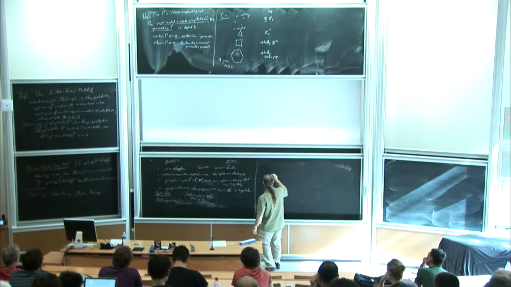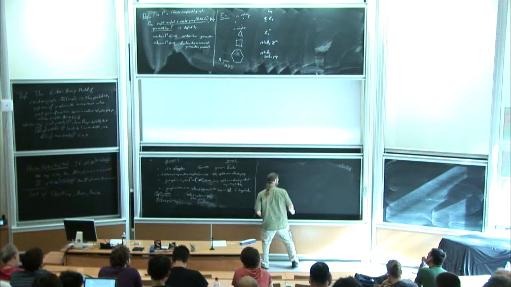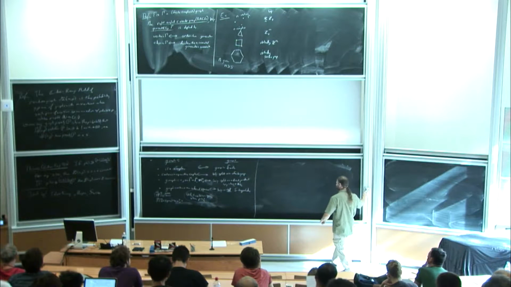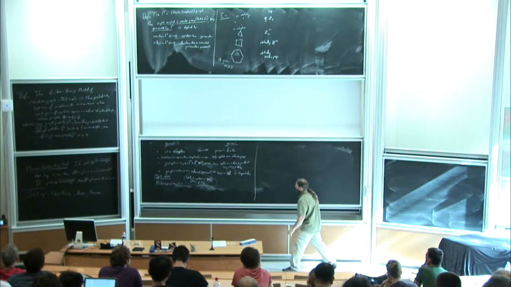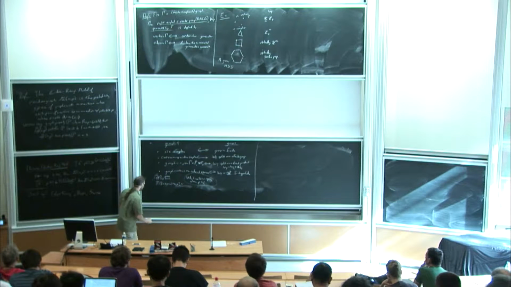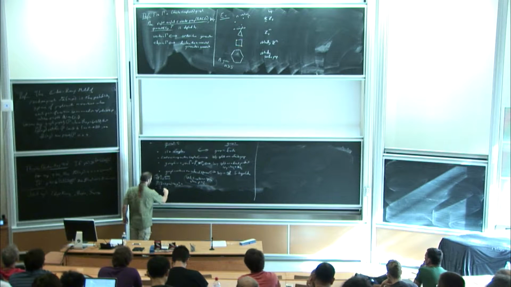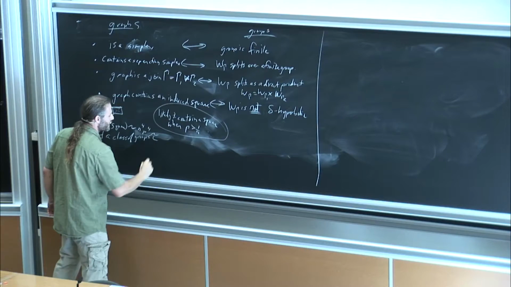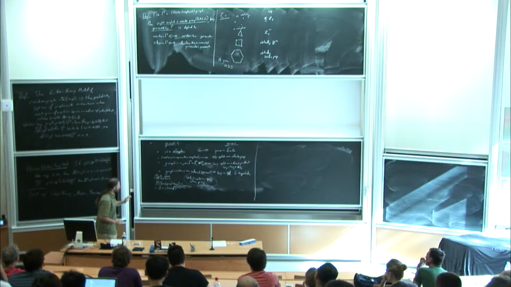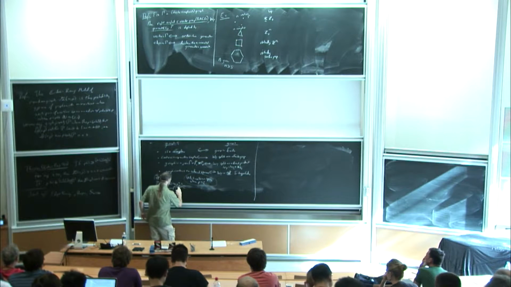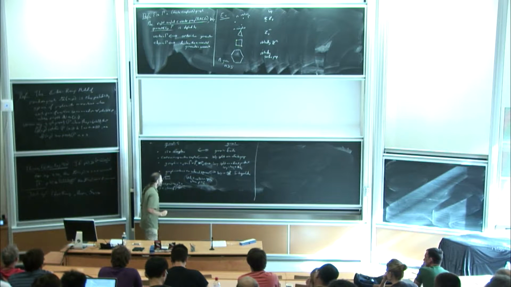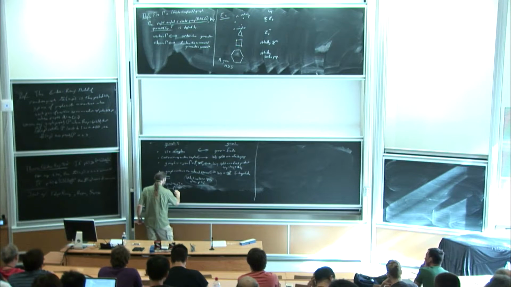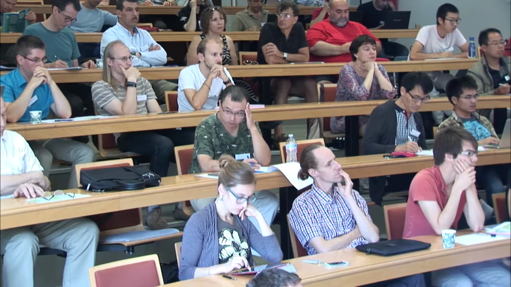So the last bullet point is that there exists a class of graphs, which I'll call tau, which has the property that gamma is in tau if and only if, or maybe I'll say first what it means for gamma to not be in tau.